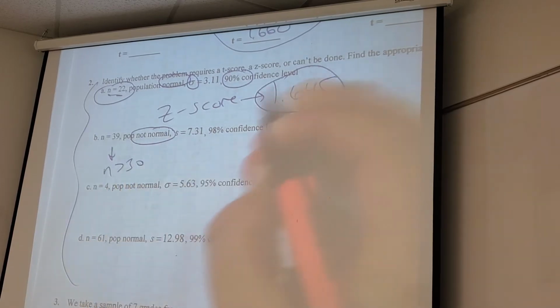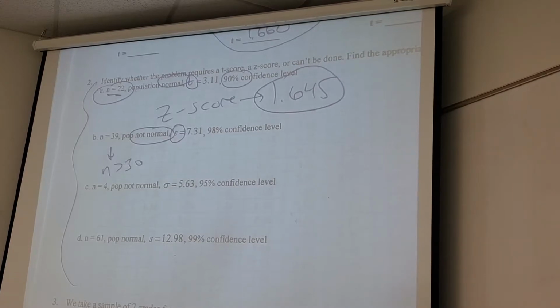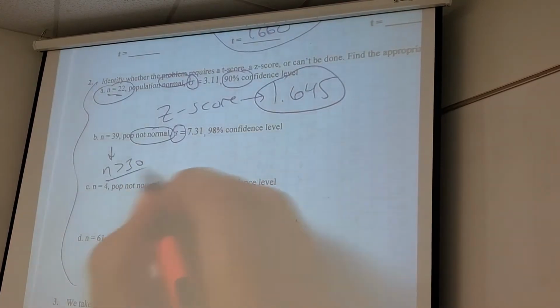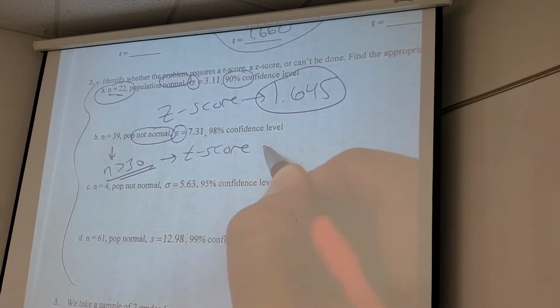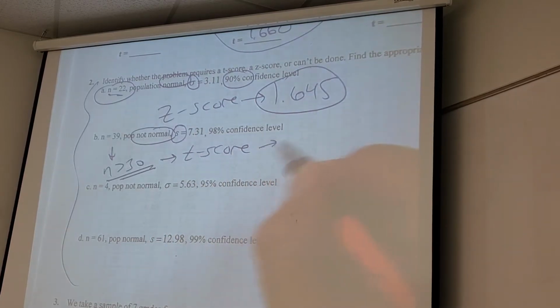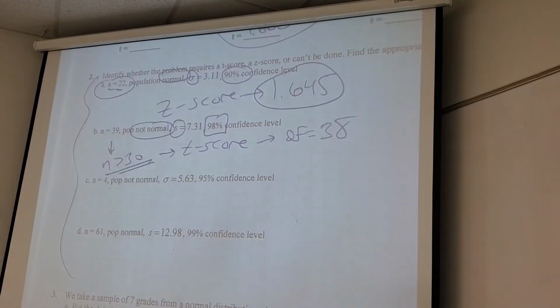So I can do something. What can I do? What do I use? T-score. I like it. So I know I can do something, and the something I can do is use a T-score. What's my degrees of freedom? 38. And I have a 98% confidence level.